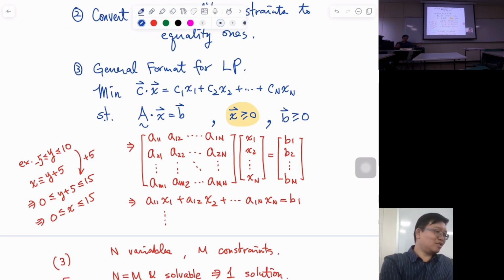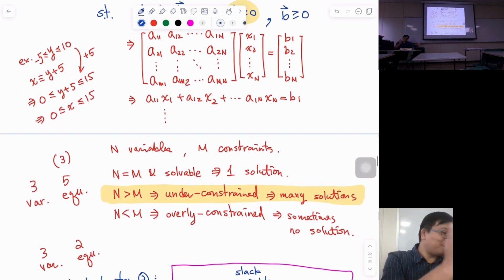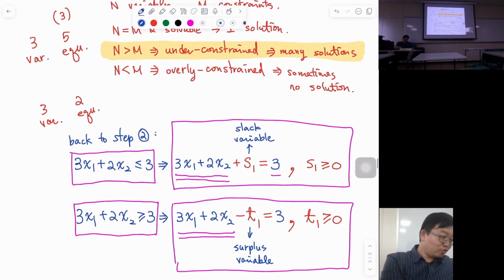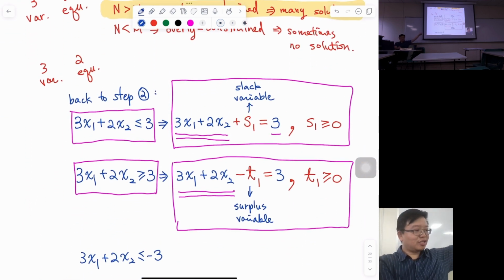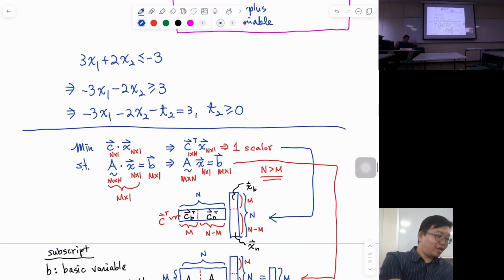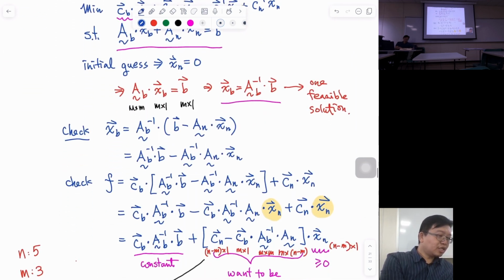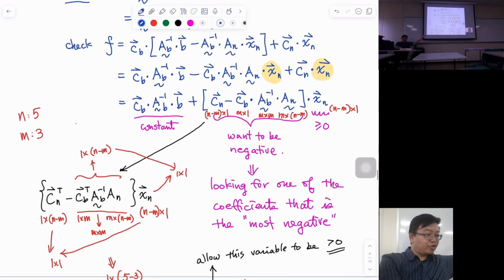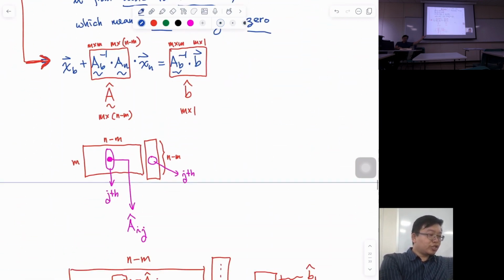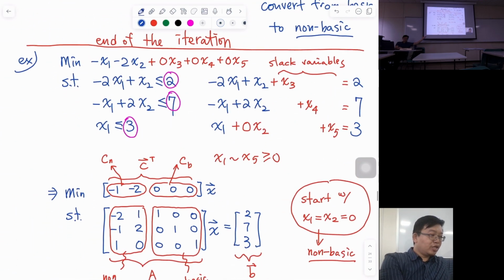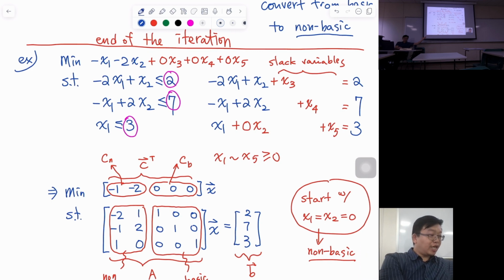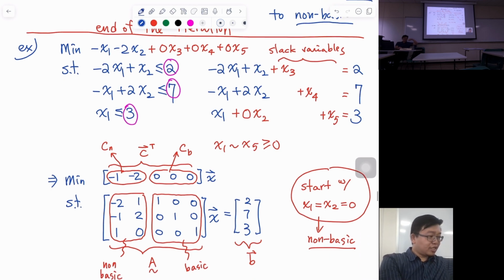It's doable, but I don't really need to program that part for you. So you won't see slack variables or surplus variables in my coding. Later on, you won't see the derivations. You will just see how we did in the solution process.